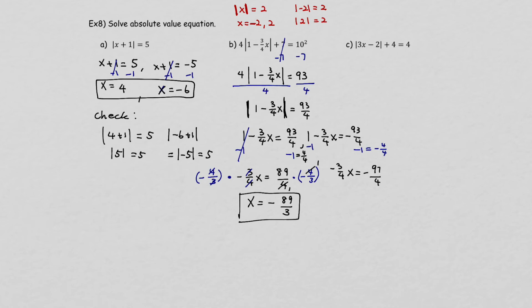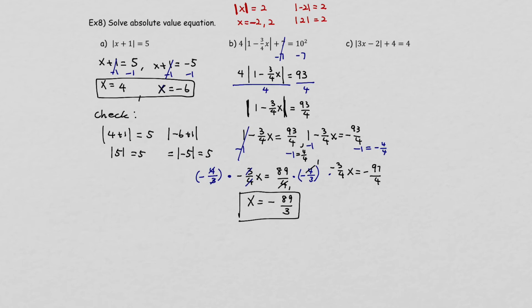When you multiply by the reciprocal of negative 3 over 4, you get x equal positive this time, 97 over 3. So there are 2 solutions for that absolute value equation.